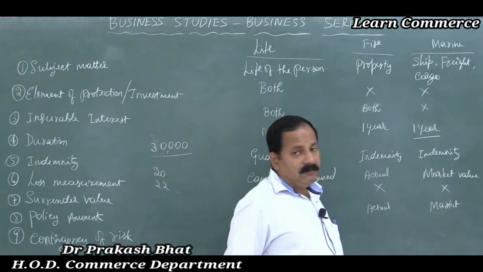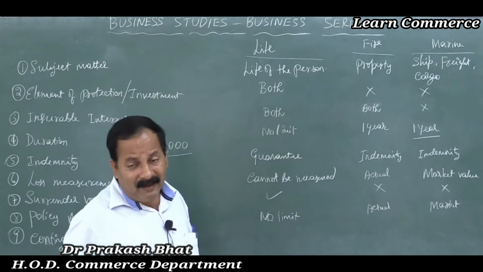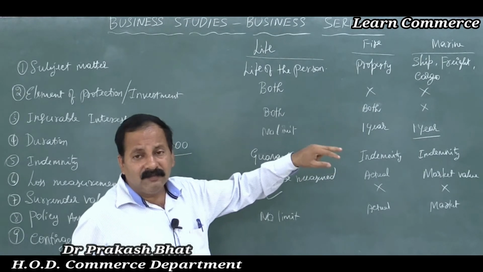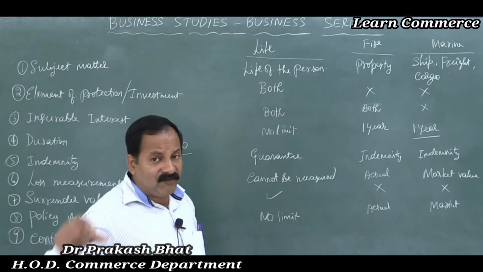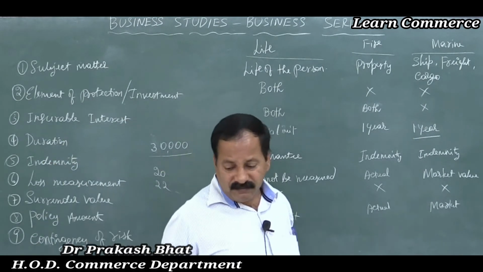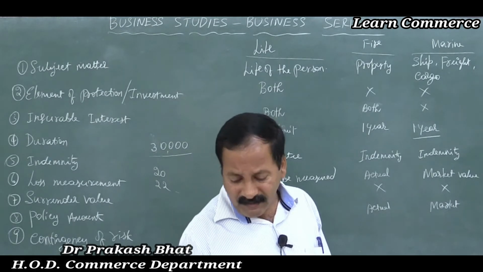Here also the mishap must have happened and the insured has suffered a sufficient amount of loss, then only the actual loss will be compensated by the insurance company. This is about the distinction between marine, fire and life insurance.